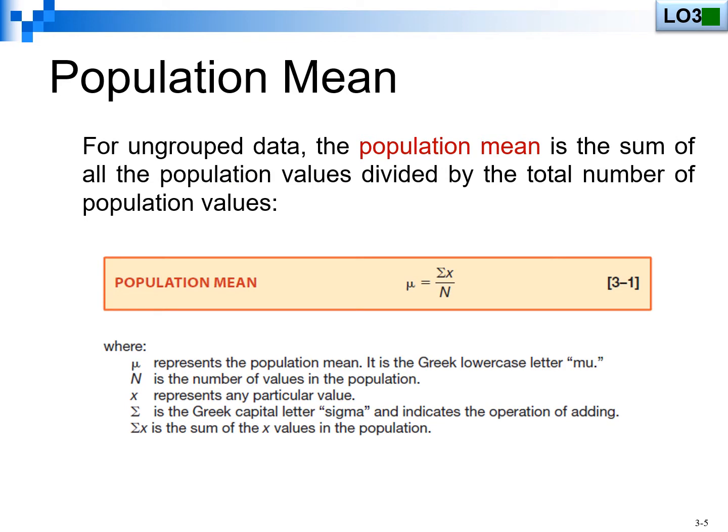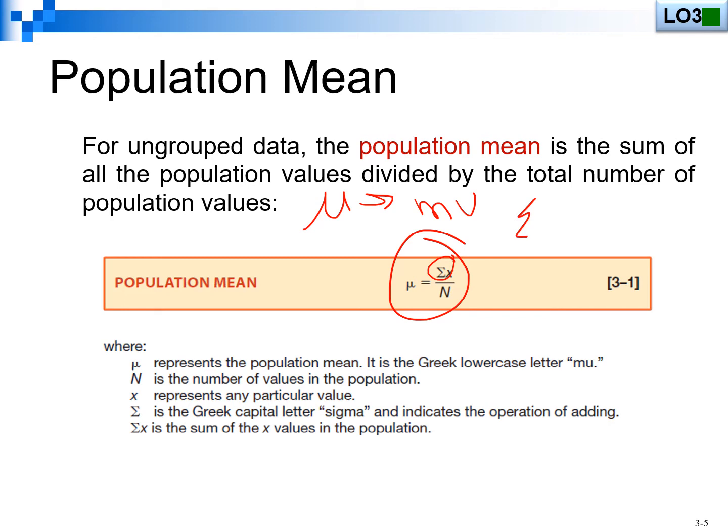Okay, so the textbook differentiates between what they call the population mean and the sample mean. And as you can see in this formula right here, you've got this symbol, and down below they kind of explain it, but that is pronounced mu. And notice we've got the sigma there.